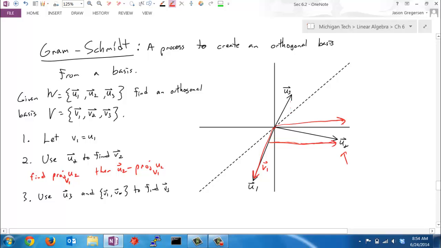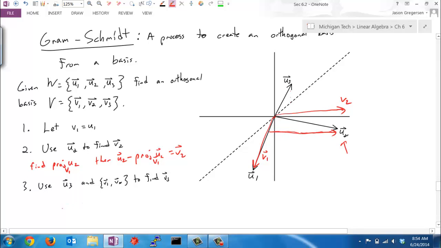And I've got to find a third one. So now I have v1, I've calculated v2, this is going to be my v2. Now to find v3, I take the projection of u3 onto the space spanned by v1, v2. Remember, I can project onto an orthogonal basis, and now I have an orthogonal basis.